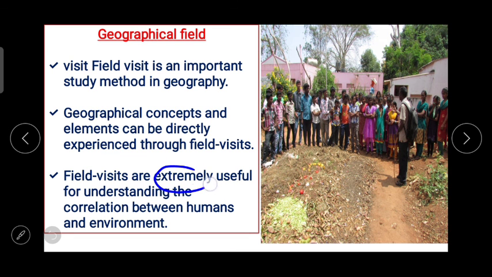Field visits are extremely useful for understanding. For what is it important? It is important for understanding the correlation between humans and environment, because there practically we learn many things, and that is why it is very important.